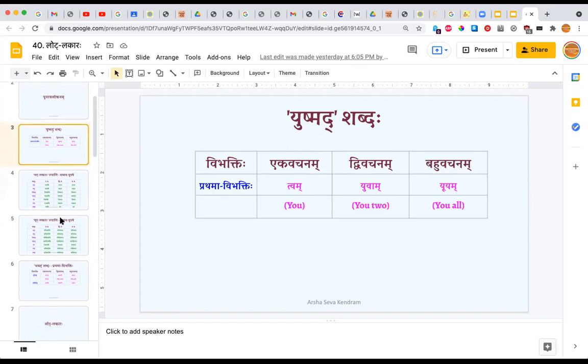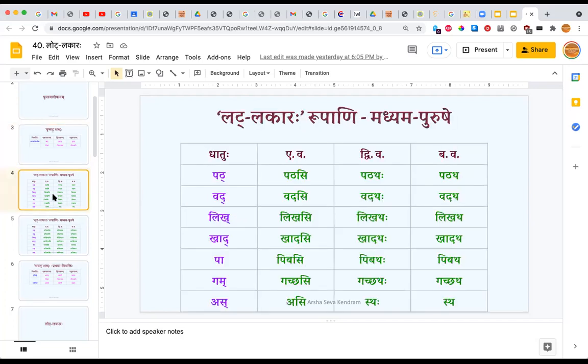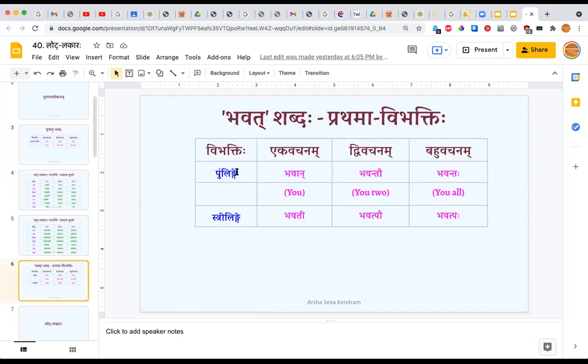Even though Bhavat Shabda indicates you or aap, nuvu, whatever, it is in Prathama Purusha. And Yushmat Shabda is the one that is actually in Madhyama Purusha. So Yushmat Shabda forms in Prathama Vibhakti: Tvam, Yuvam, Yuyam, you, you two, you all. Same way, Bhavat Shabda: Bhavan, Bhavantau, Bhavantah in Pumlinga, Bhavati, Bhavatyau, Bhavatyah in Strilinga.